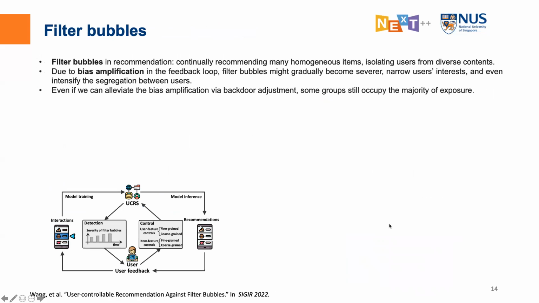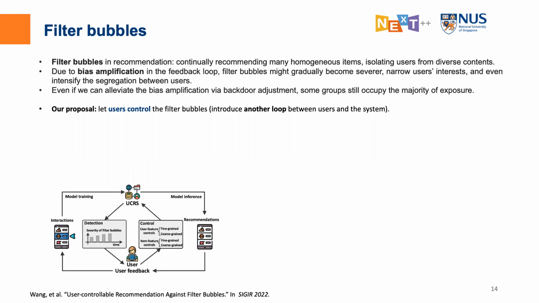This is another work following the previous one. The previous work mainly introduced why the filter bubble issue happens in the recommender platform, right? In this work, we try to solve the filter bubble issue by incorporating the user's controls. It means that for filter bubbles, users should have the right to control them.